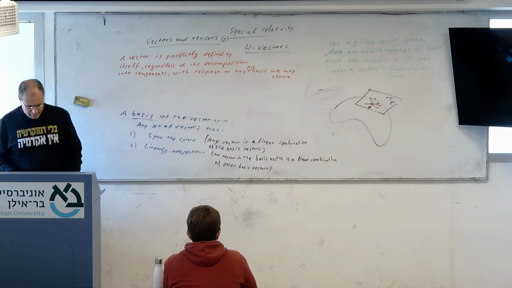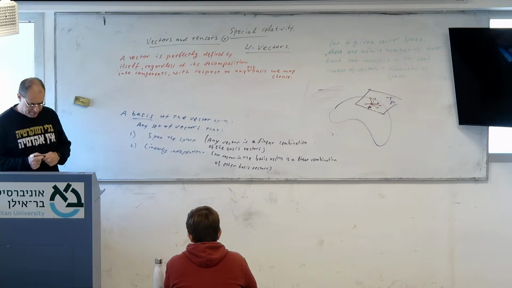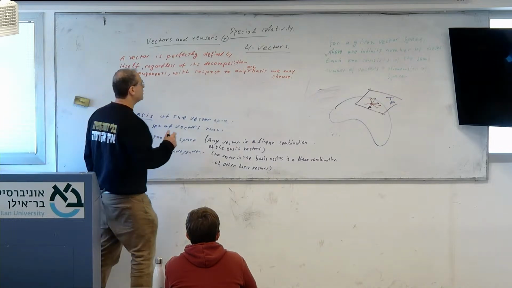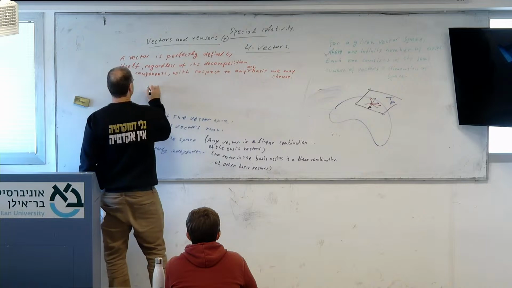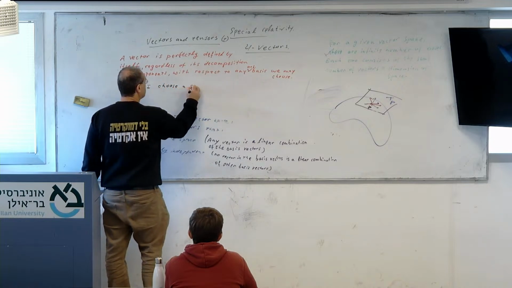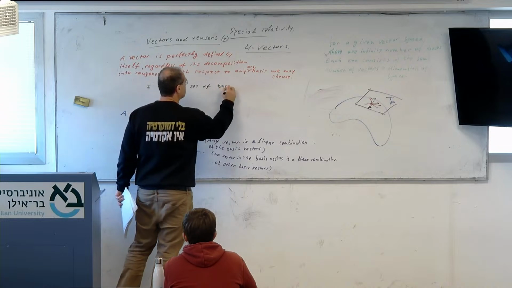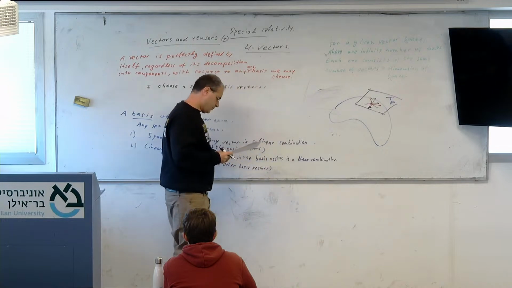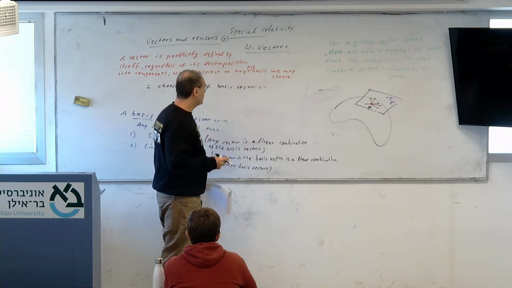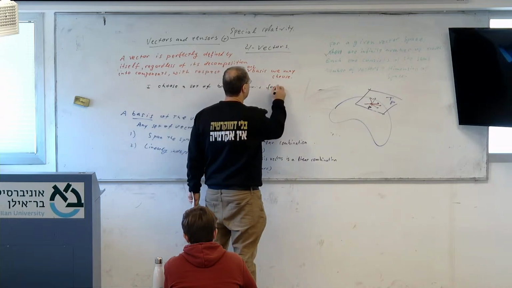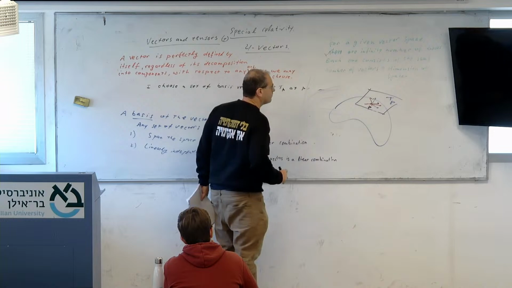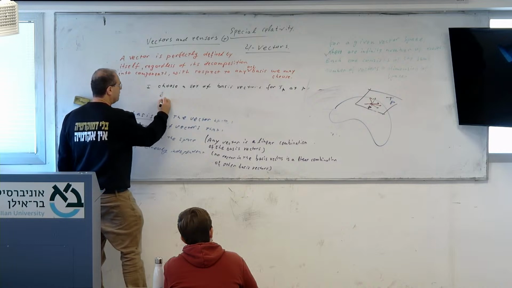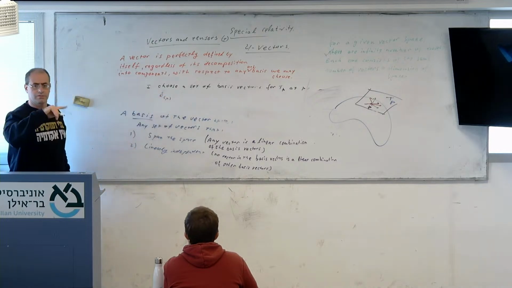And I choose a set of basis vectors at P. I'm going to call them, with a very subtle notation, e hat (mu) with parentheses.